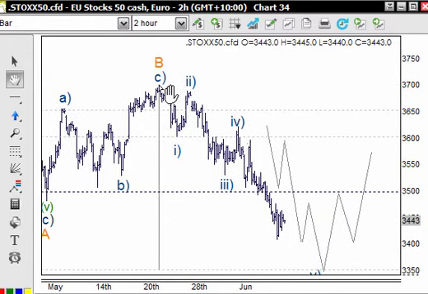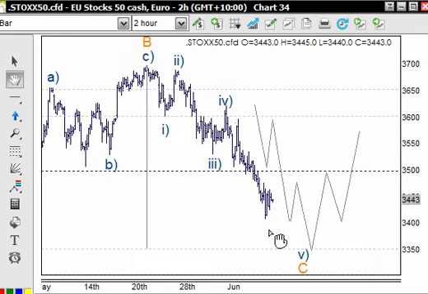Now, we've been counting 5 waves down here. This wave 1 is short, wave 2 is here, wave 3 is what it is, wave 4 here, but we're seeing wave 5 extend out. So we can see that in a way, this trend coming down here is actually expanding.